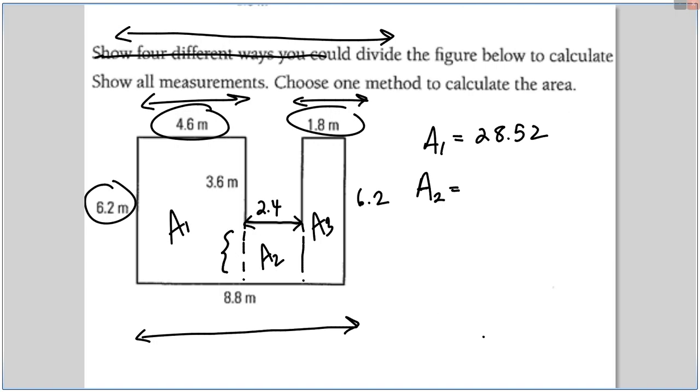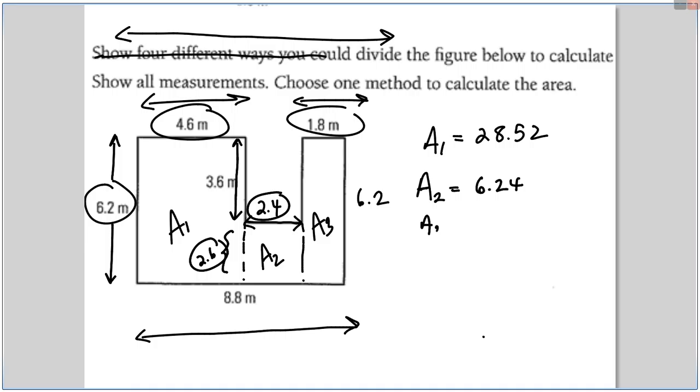So we can see that 6.2 runs the total length like that. We have a 3.6 here, so if you subtract those two, you'll get the leftover piece right here, 2.6. So let's times 2.6 and 2.4, and that will be area 2, length times width.